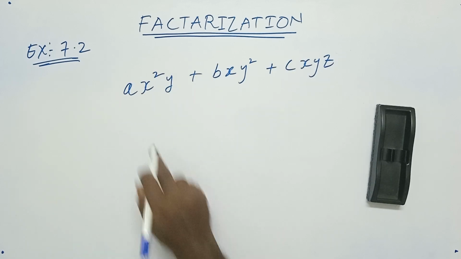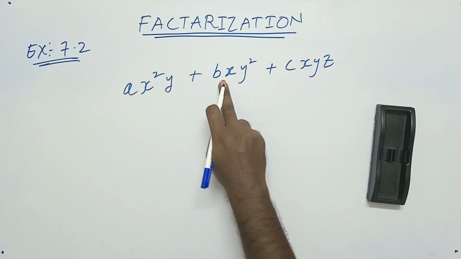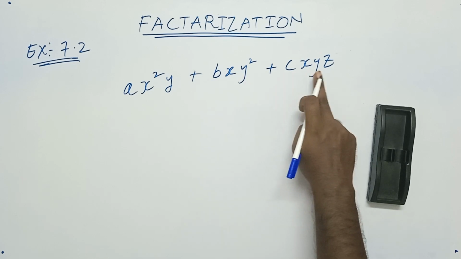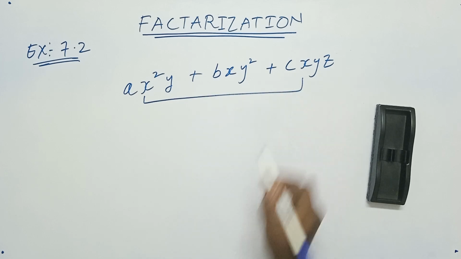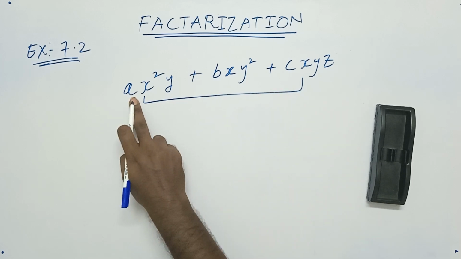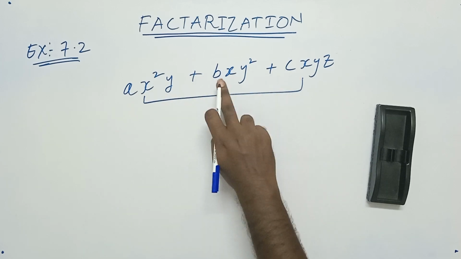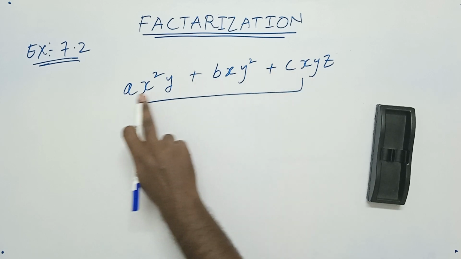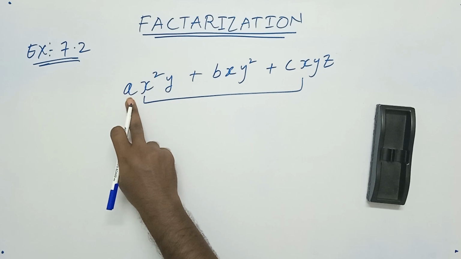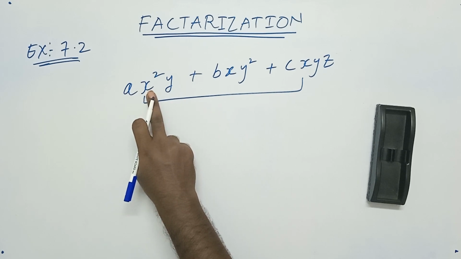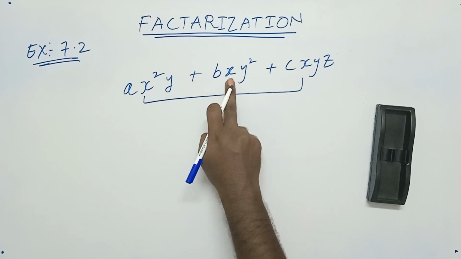So our next problem is ax square y plus bxy square plus cxyz. Now we are going to find the factors of this given expression. Here we have a, and none of the rest of the terms has a as a factor, so we are going to neglect a and find the HCF of x. Here we have x square, x and x.